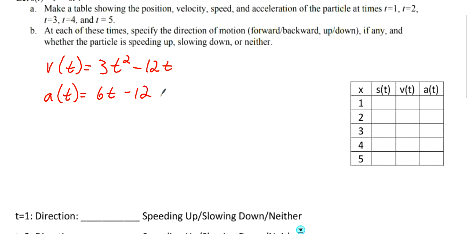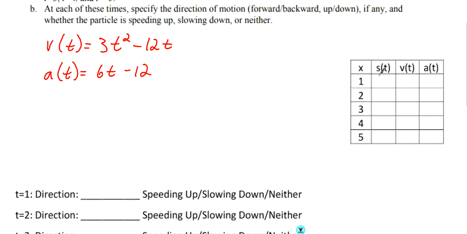Now all we have to do is plug our values into these. We're going to plug 1, 2, 3, 4, 5 into my position equation, my velocity equation, and my acceleration equation. So the position at 1 is -5. The position at 2 is -16.